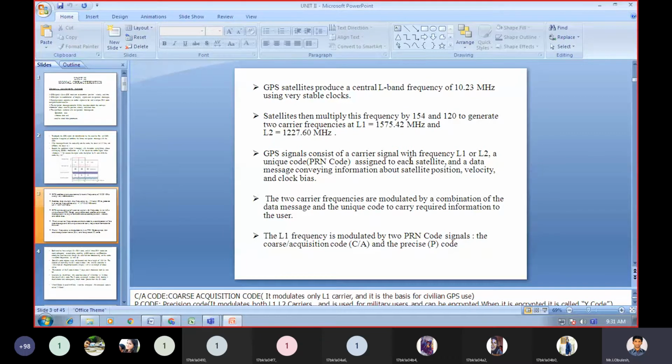So that required information will be obtained from the combination of data message and unique code, which will be carried to the user or the receiver.